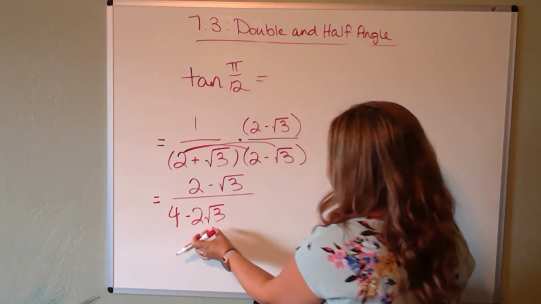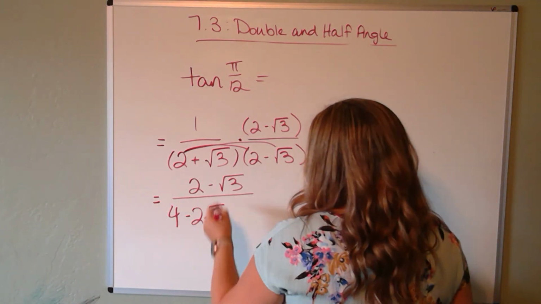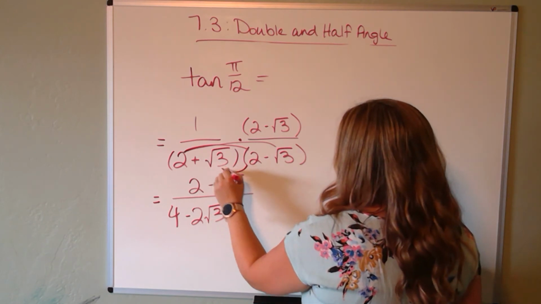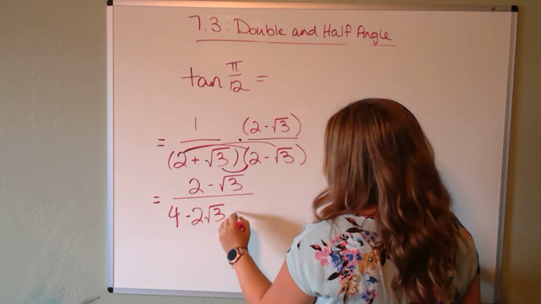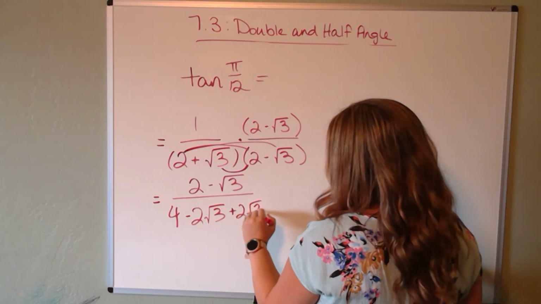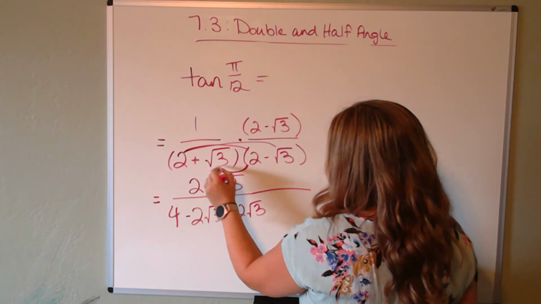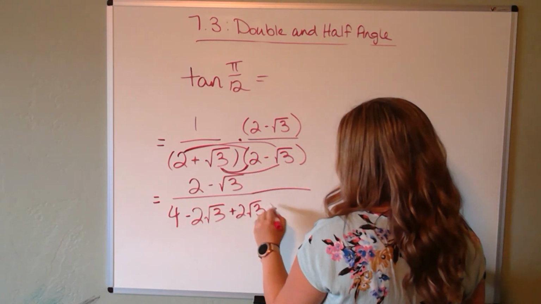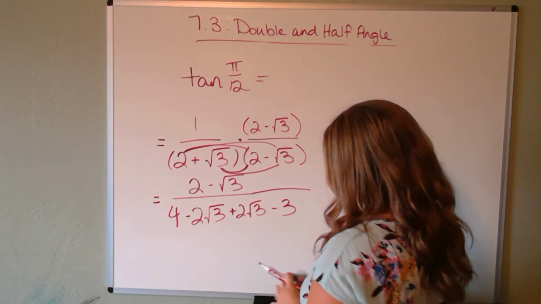Remember, you can't actually multiply those together, you just put them next to each other. I, so FOI, I for inner terms, these two. Positive 2 times positive root 3, we get a plus 2 root 3. And then the two last terms, root 3 times negative root 3. So it's going to be negative, but root 3 times root 3 is just 3.